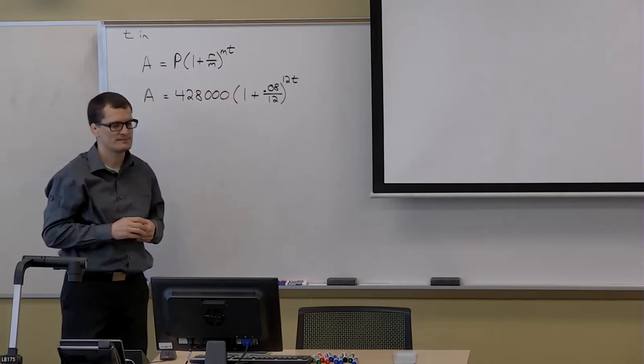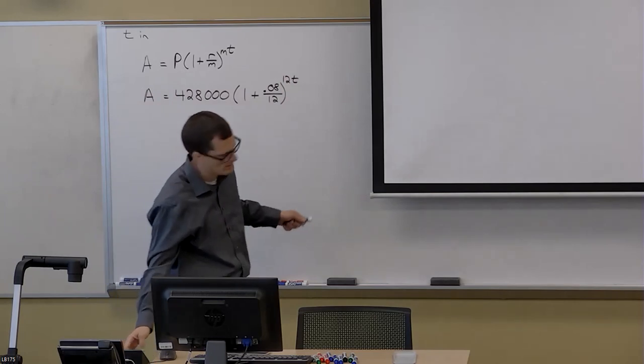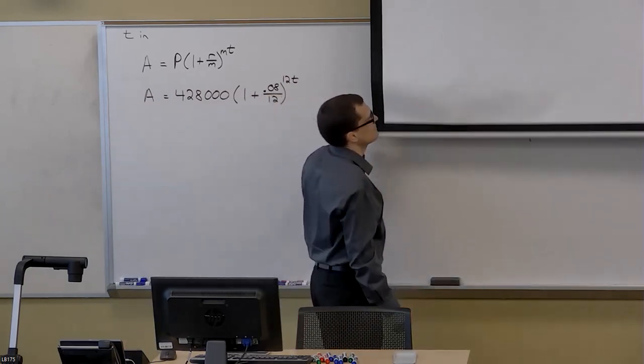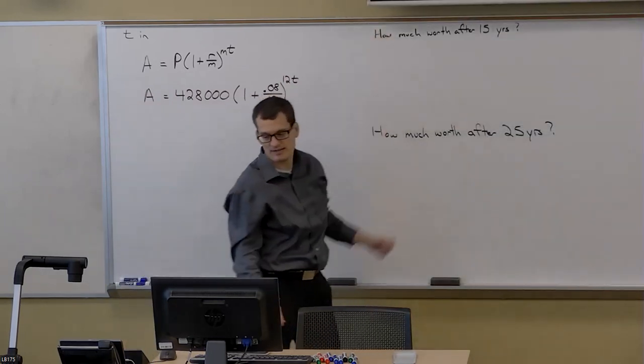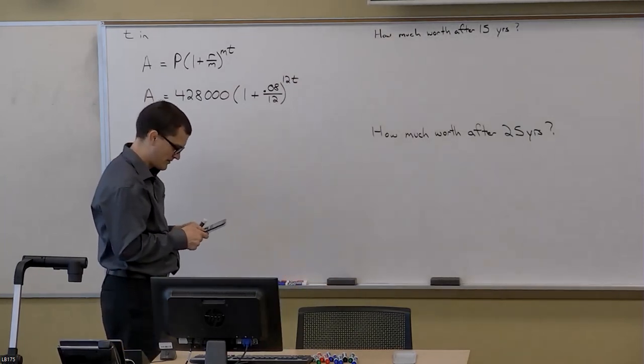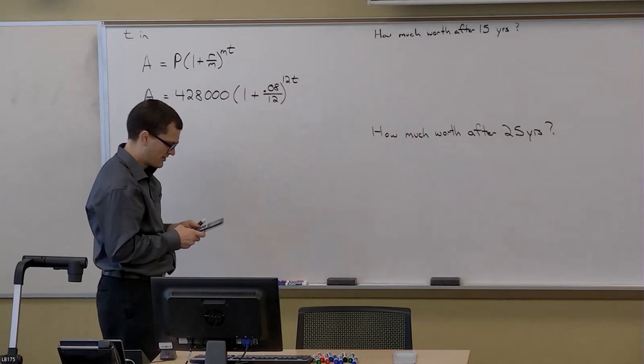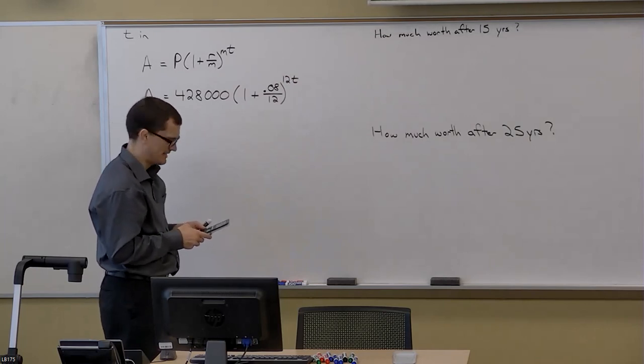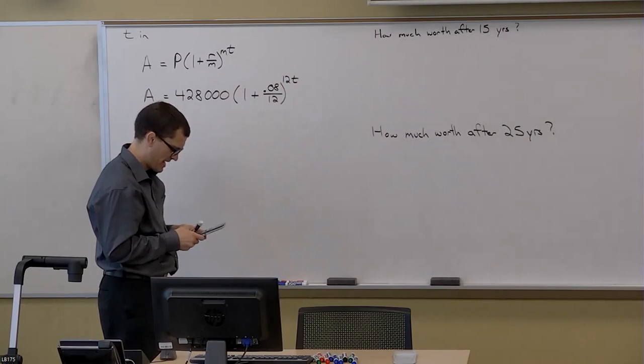All right. And then the two time frame questions were, how much is this going to be worth after 15 years? And how much is this going to be worth after 25 years?